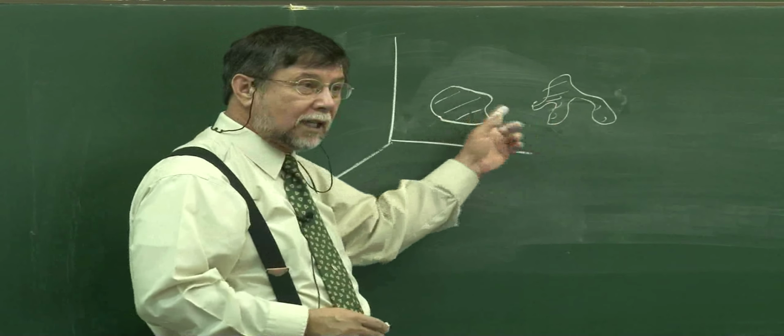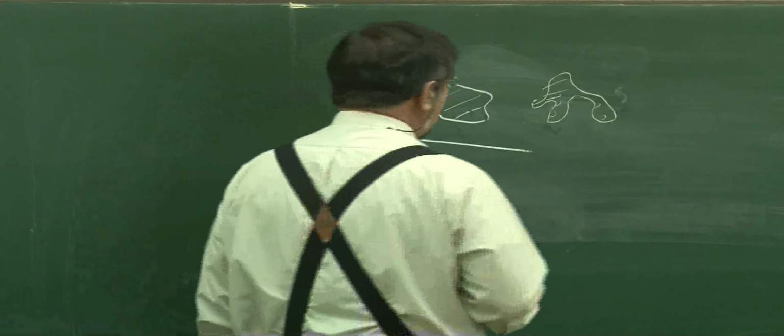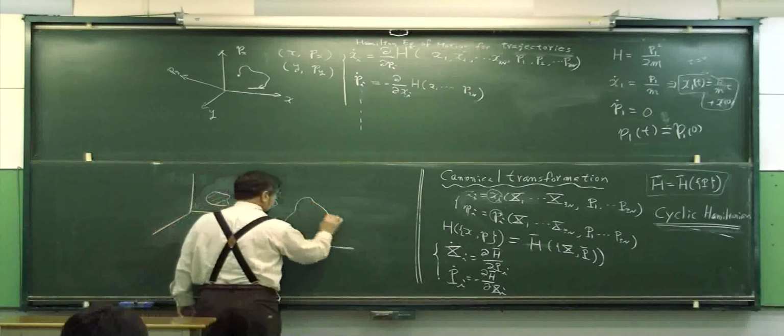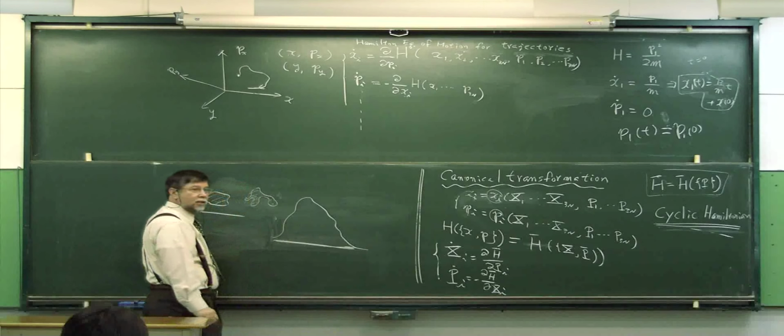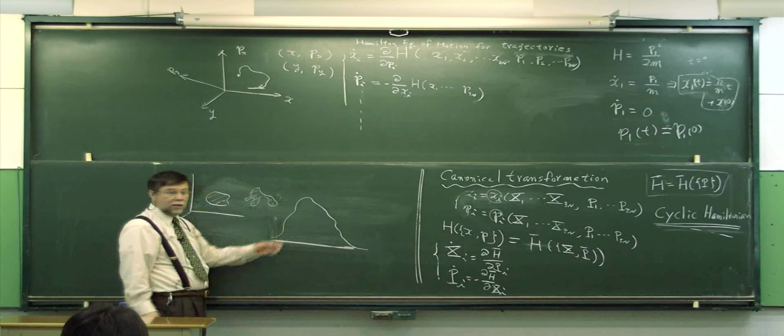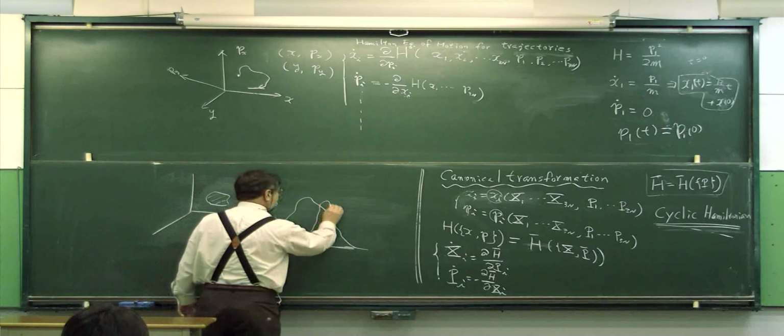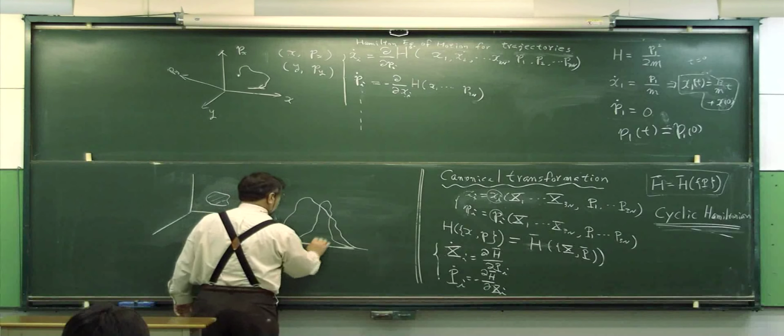But this can be described another way. Say, this is a phase coordinate. You have originally this distribution function. This is the initial condition. But time going on, this distribution function changes like this.